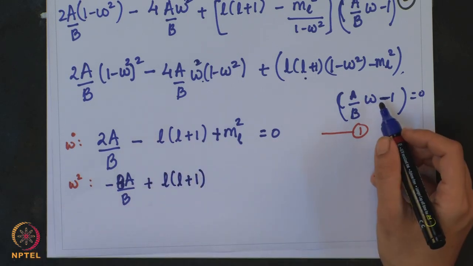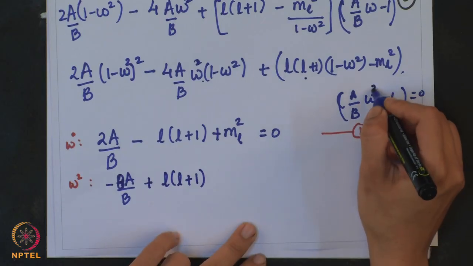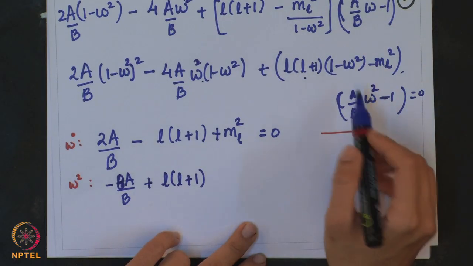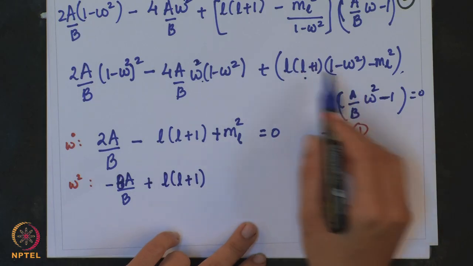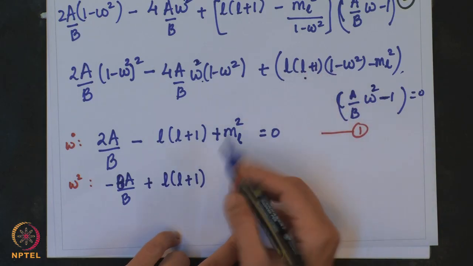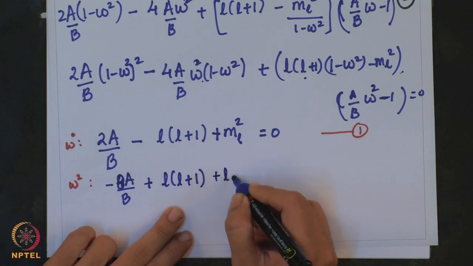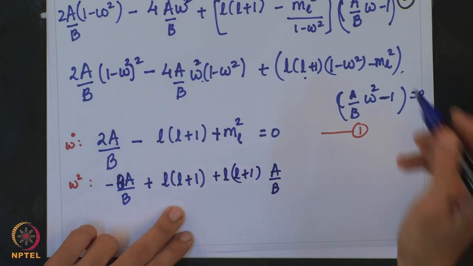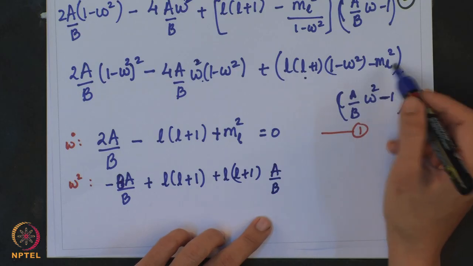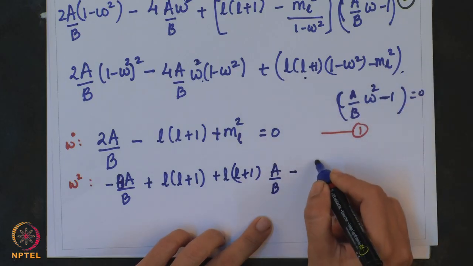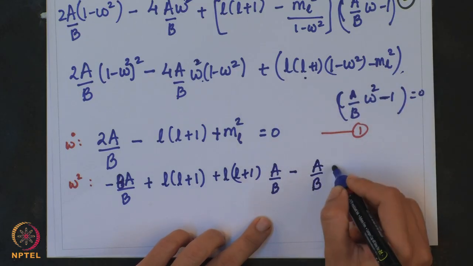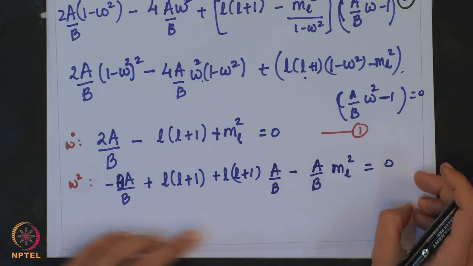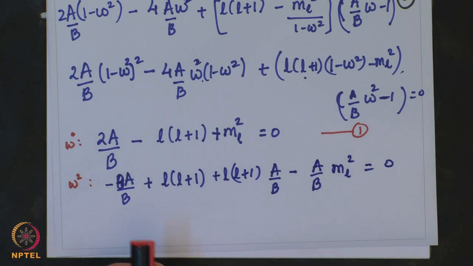Then again the first term of this, when I take the cross term, I have L into L plus 1, so plus L into L plus 1 a by b, and here I will have one more term which is minus a by b ml square equal to 0. So this is our equation number 2.